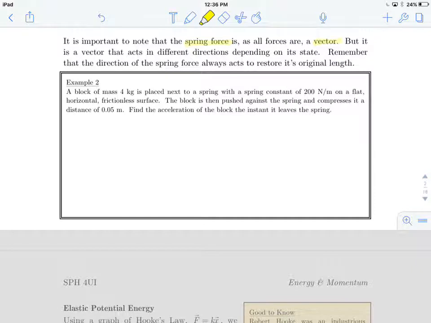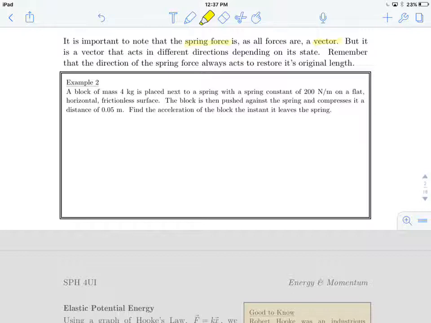So here's a little example to highlight what we're talking about. We've got a block of mass 4 kilograms, and it's placed next to a spring with a spring constant of 200 newtons per meter on a flat, horizontal, frictionless surface. The block is then pushed against the spring, and it compresses a distance of 0.05 meters.